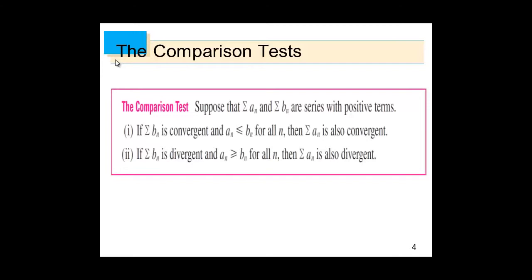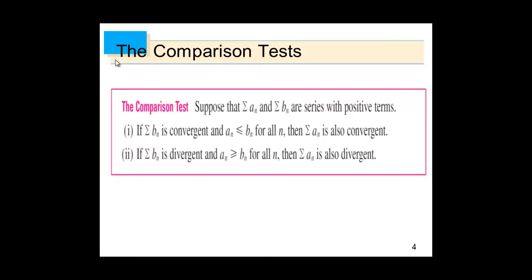So if every term in the first series is bigger than the corresponding term in Bn, in the divergent series, then we know that the first series must be divergent as well. Are these two statements making sense?